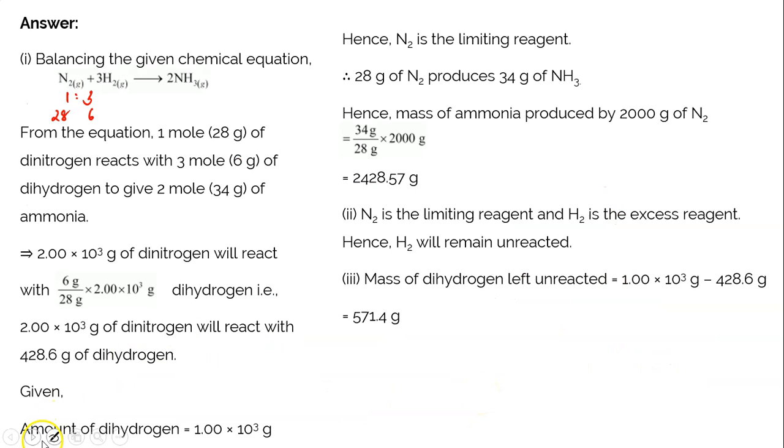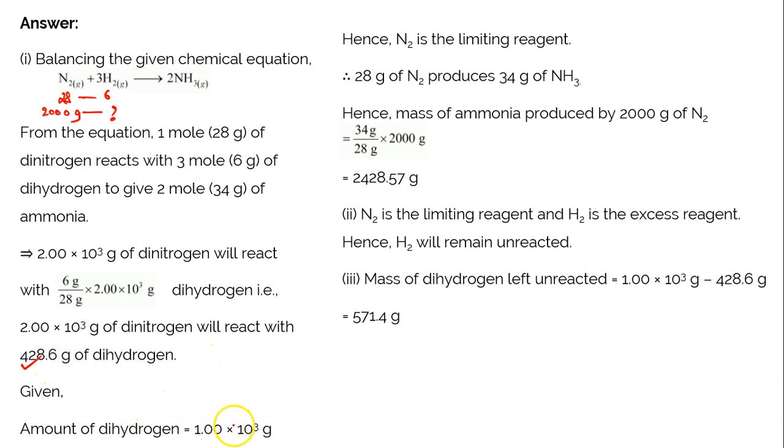In case it is not clear, please listen to me once more carefully. So as per the balanced chemical equation, 28 grams of nitrogen requires 6 grams of hydrogen. And now in the question they are saying that you have 2000 grams of nitrogen and 1000 grams of hydrogen. But now I'm just calculating how much hydrogen 2000 grams of nitrogen requires for the reaction to happen. And the calculation says that you just need 428.5, which is rounded up here to 428.6 grams of hydrogen.